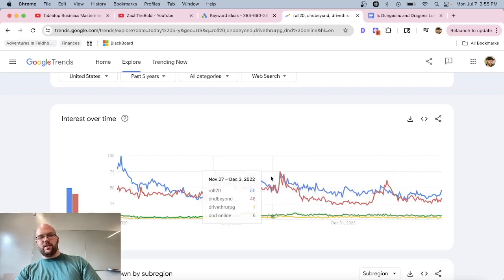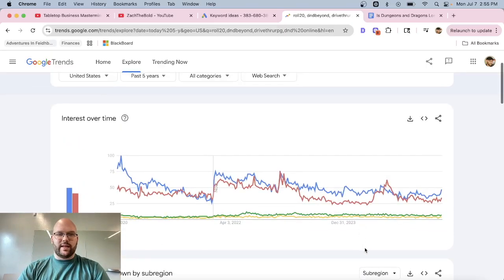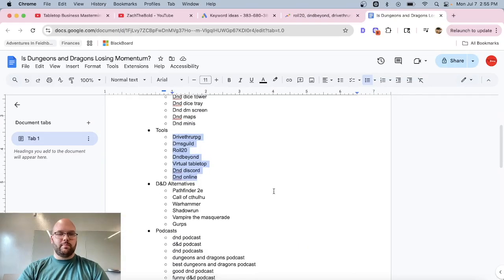It's nowhere near the hype it was in 2022. Down here we're maxing out at about 50, whereas over here we're maxing out at about 70. That's a pretty substantial decrease. So there's another potential trend line answering Zack the Bolt's question, is it losing momentum? But let's keep going.